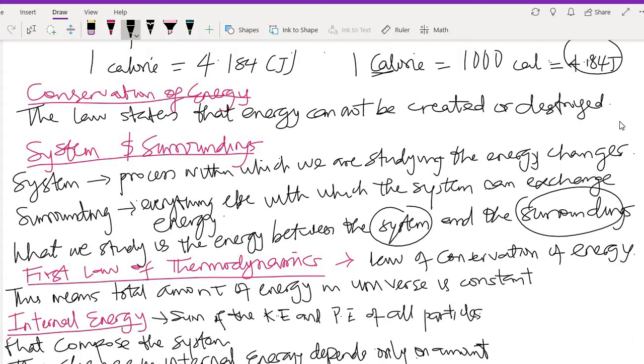The first law of thermodynamics is the law of conservation of energy. This means that the total amount of energy in the universe is constant. Internal energy is the sum of the kinetic energy and potential energy of all particles that compose the system.